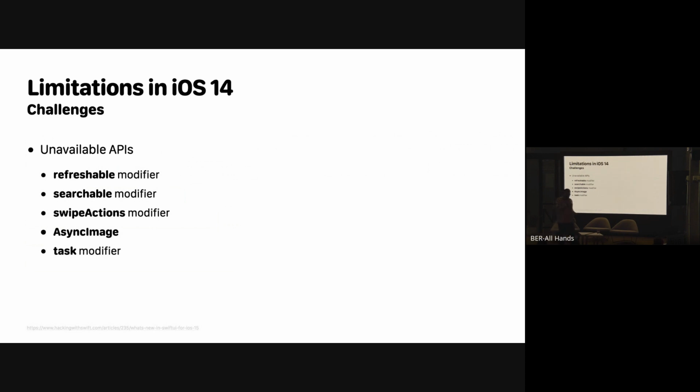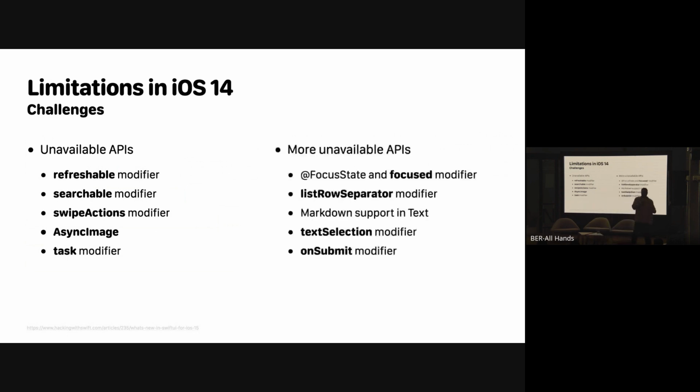Since we were also adopting SwiftUI and async await, the task modifier, and even crazier modifiers, such as programmatically focus on a text field, or controlling the onSubmit action, or hiding the separator from a list. It's not possible in iOS 14, it's crazy.